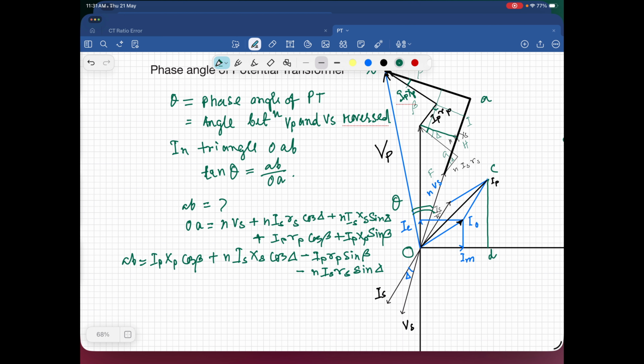So here, again I am drawing it here, angle OCD, angle OCD and ECD.